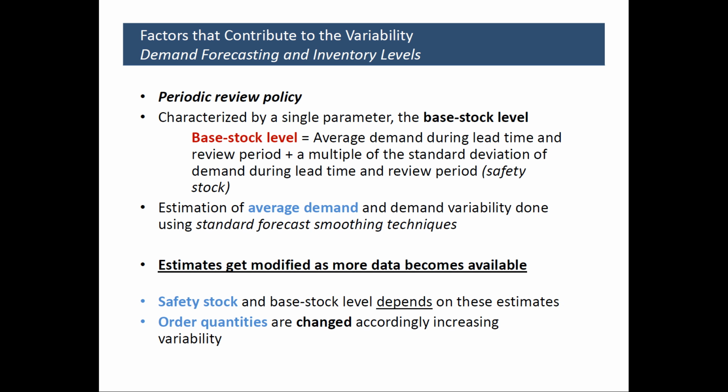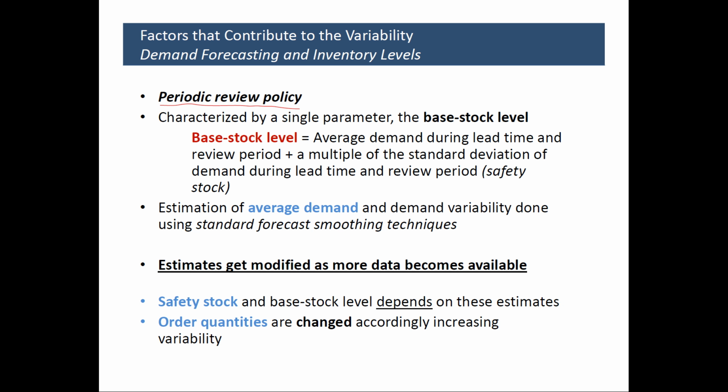We also have factors that could enhance the variability, which would be demand forecasting and the technique that lies behind it, and also the inventory levels that we have seen. For instance, one method that is applied often throughout the supply chain is a technique called periodic review policy, and that means that at certain points in time the inventory in a warehouse is checked and then evaluated.